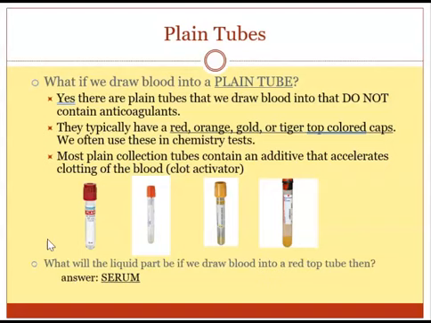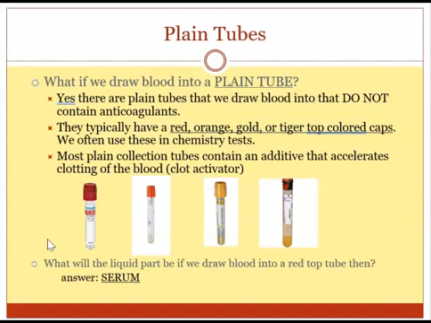So these tubes are going to allow your blood to clot, and therefore you're going to end up with serum as your sample. Most plain tops do not have an additive, but some will contain an additive that actually accelerates your blood to clot. Those additives are called a clot activator.